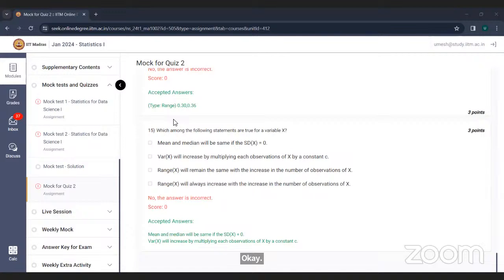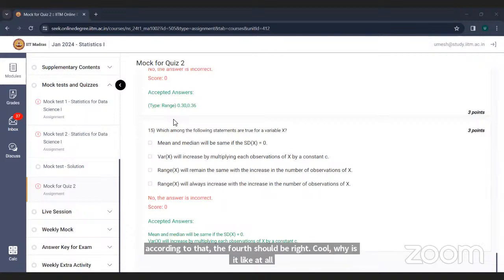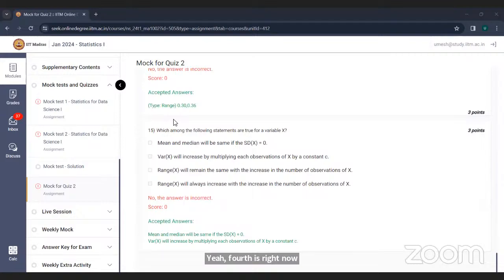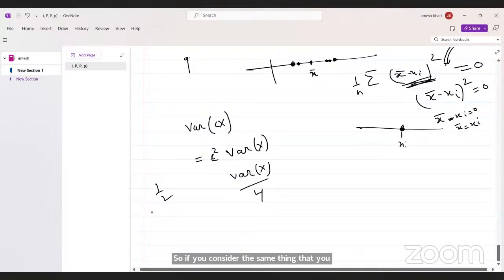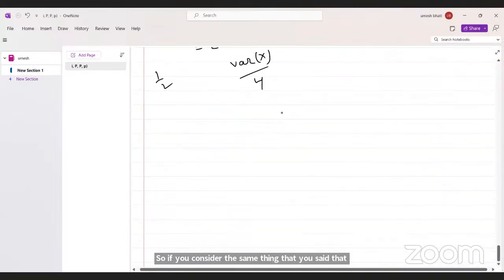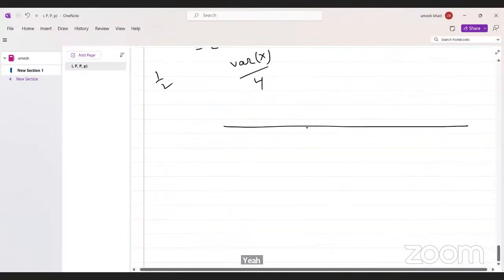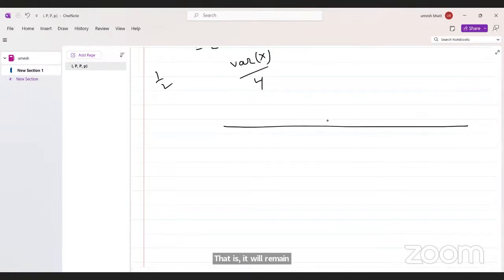Range does not always increase with the increase of observations. If we consider the same thing that you said, that x bar is equal to xi, then in that case my range is always 0, so it will remain the same.